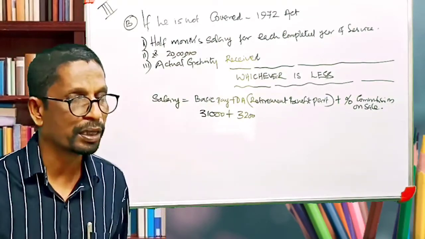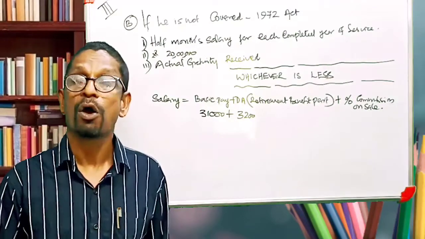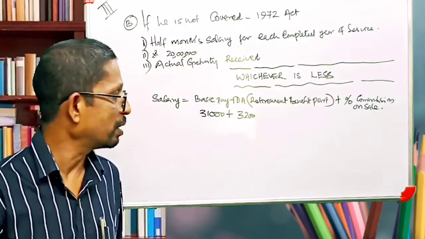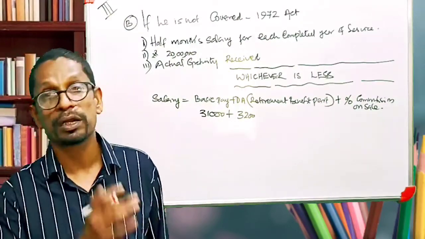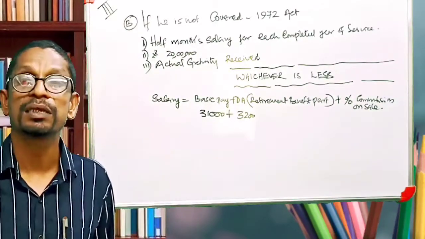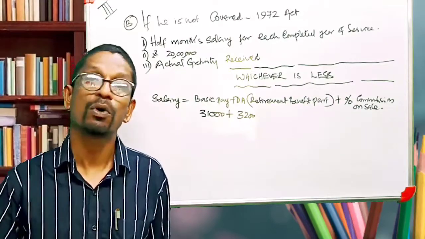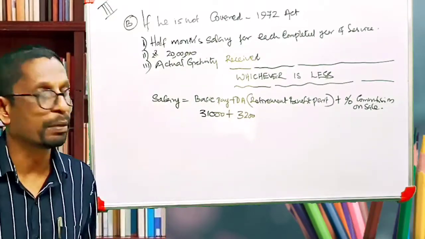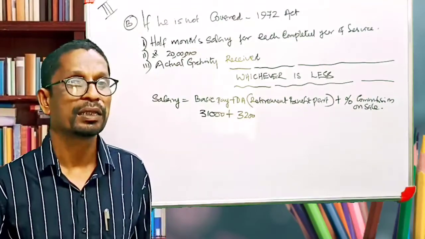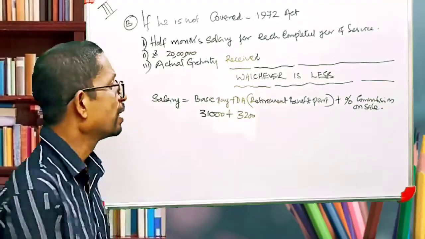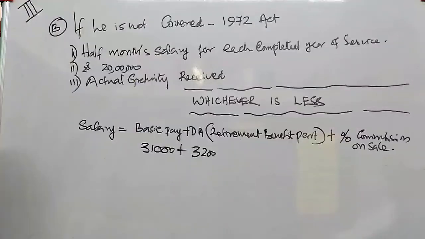When talking about DA, we should be careful. We will not take the full DA amount, only the retirement part. This is mentioned in the bracket, if it is entering or forming a part, that means they are taking that much part also for determining the retirement benefits. So in this case, 31,000 plus only 40% of DA, that means 40% of 8,000, that is 3,200.